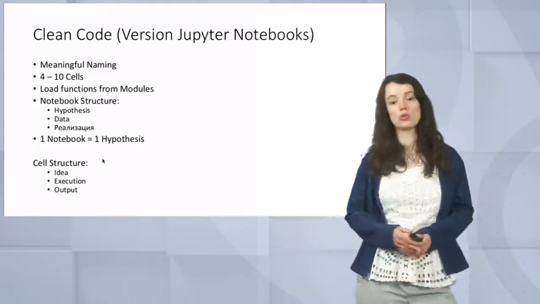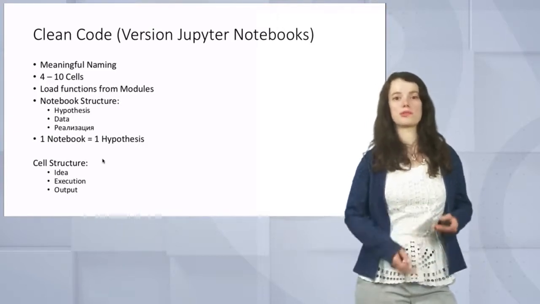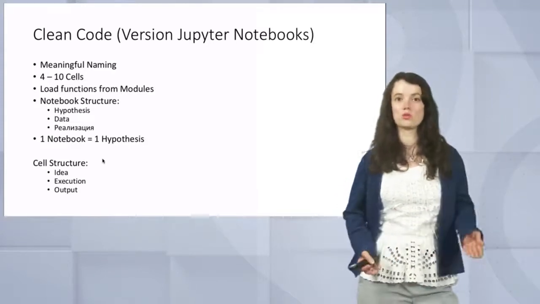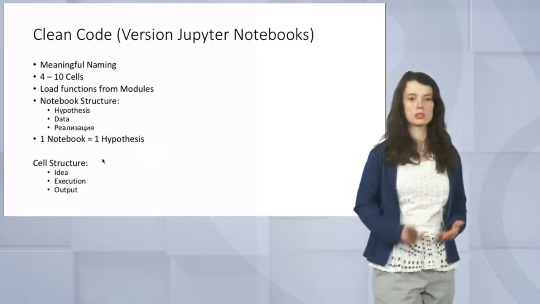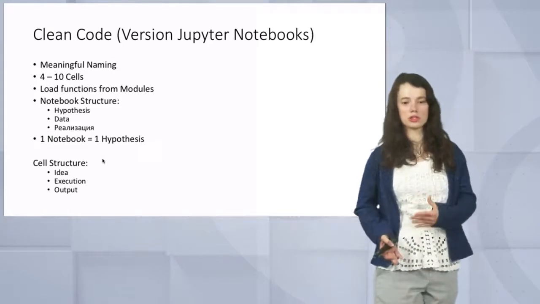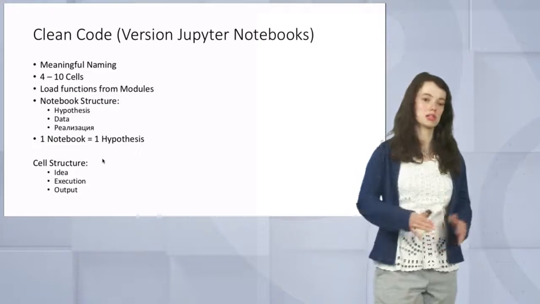For example, you are checking the hypothesis that this variable has some distribution. You may show it in one notebook. A notebook should be short, easy to read, clean, and have structure not only in the notebook but in cells too.